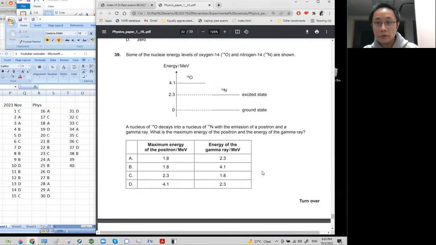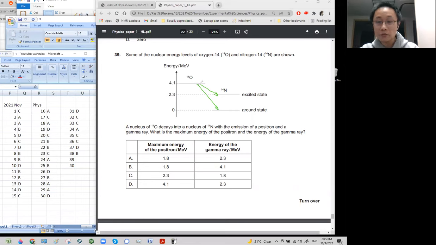Okay, nuclear energy levels. Some of the nuclear energy levels of oxygen 14 and nitrogen 14 are shown. The nucleus of 14O decays. So these are the possible decay energies. What is the maximum energy of the positron and the energy of the gamma ray? Oh, this is actually a beta decay.